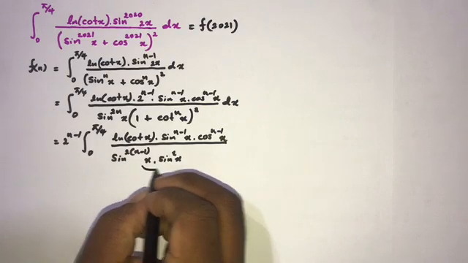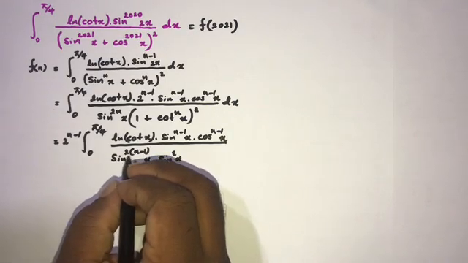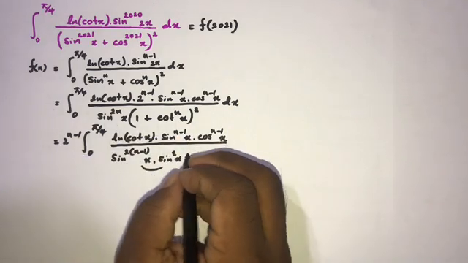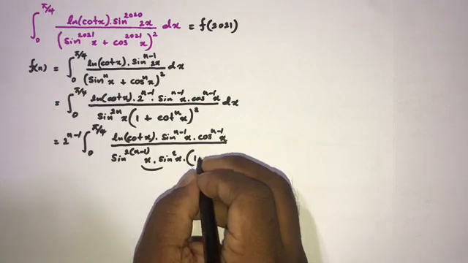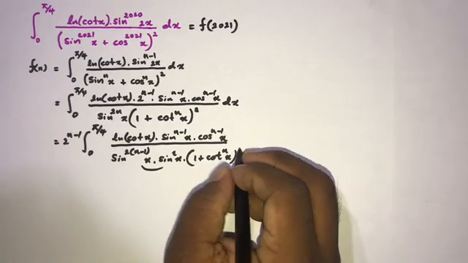If we multiply this, the 2 gets cancelled and we will have sine raised to the 2n power of x. The next term is 1 plus cotangent raised to the n of x, squared, dx.